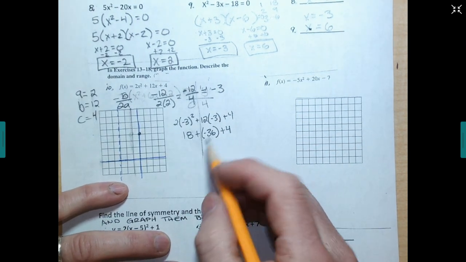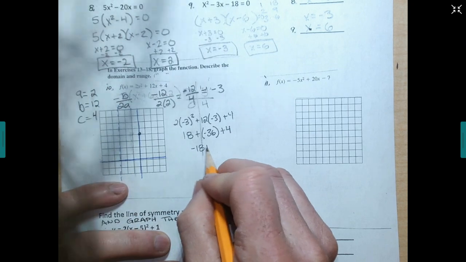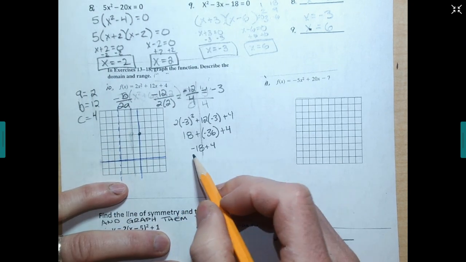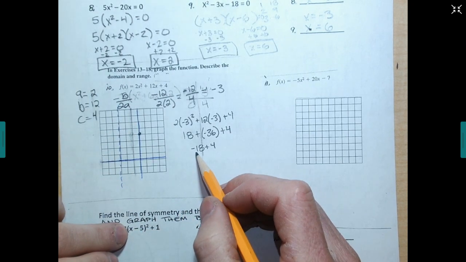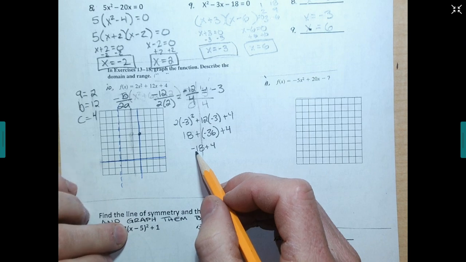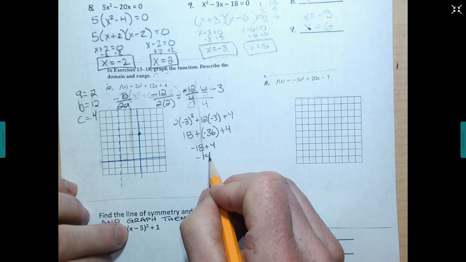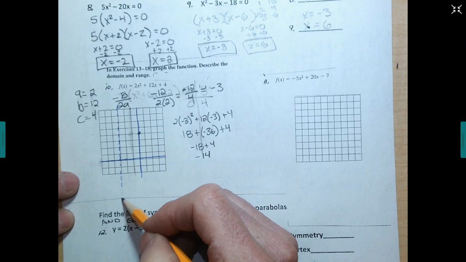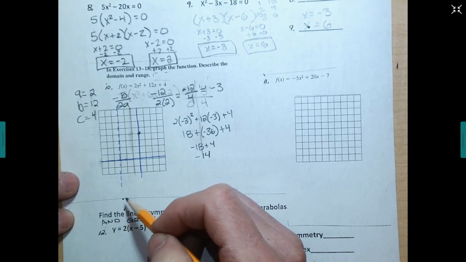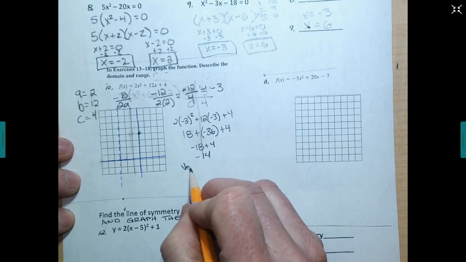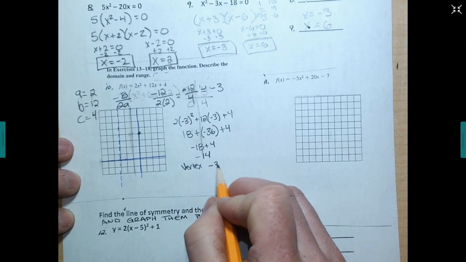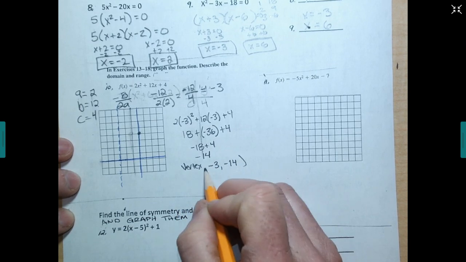So I have 18 minus 36, so -18 plus 4, so that is -14. Great. So this is way down here. So our vertex is -3, -14.